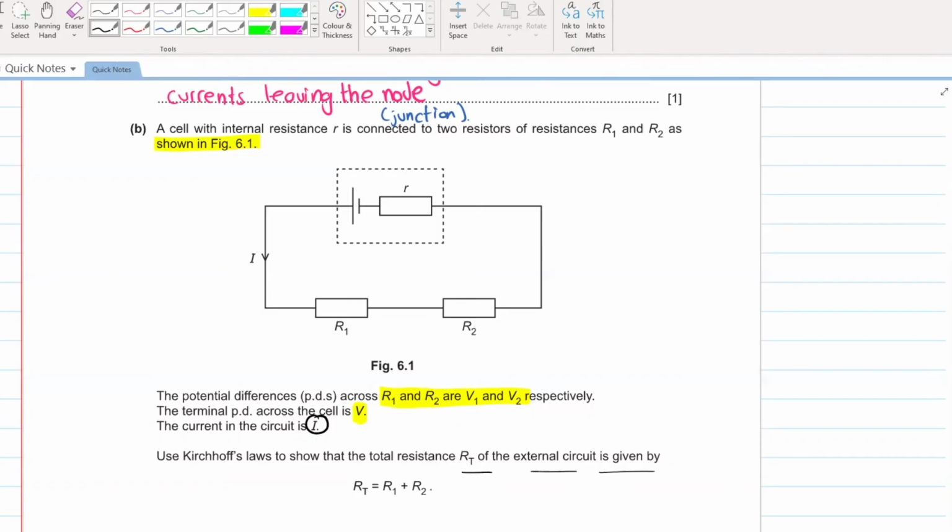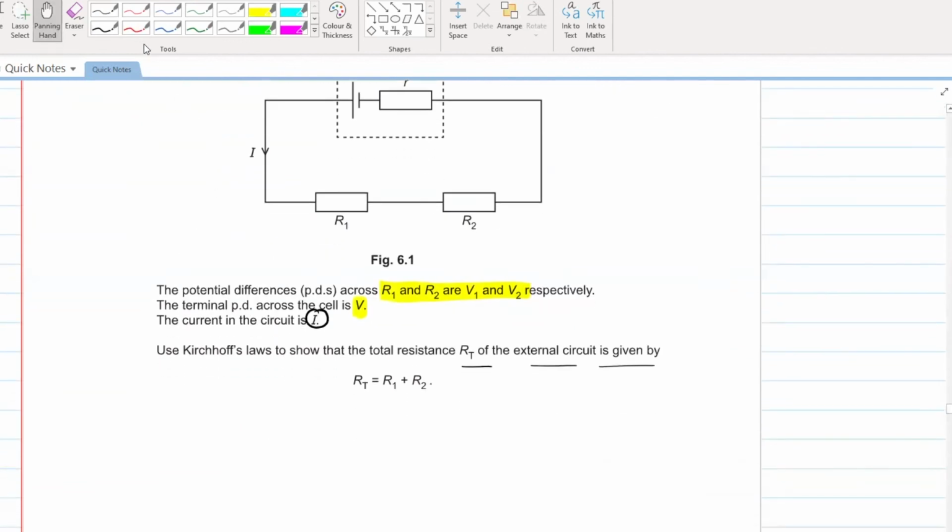Very, very easy. According to Kirchhoff's law, the total voltage in the entire circuit will be equal to V1 plus V2.